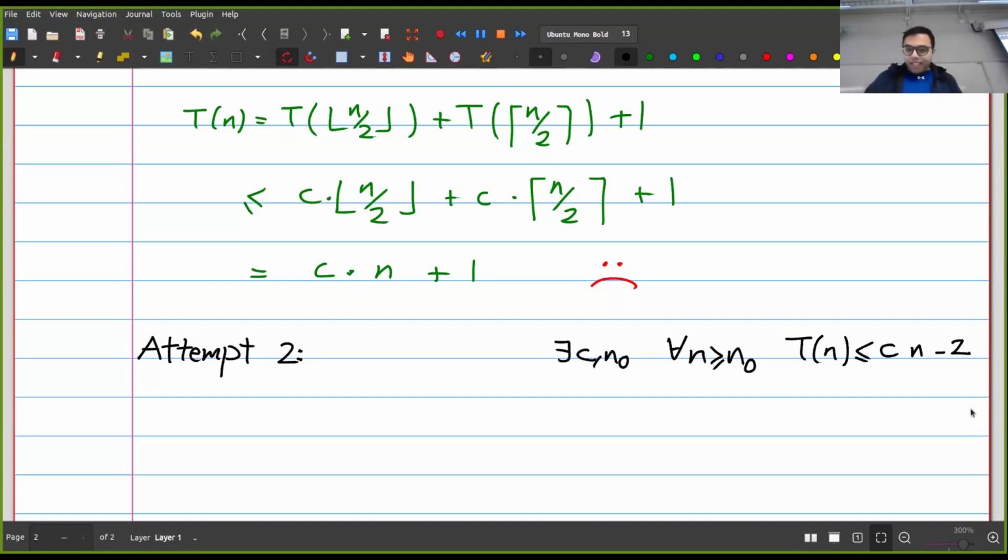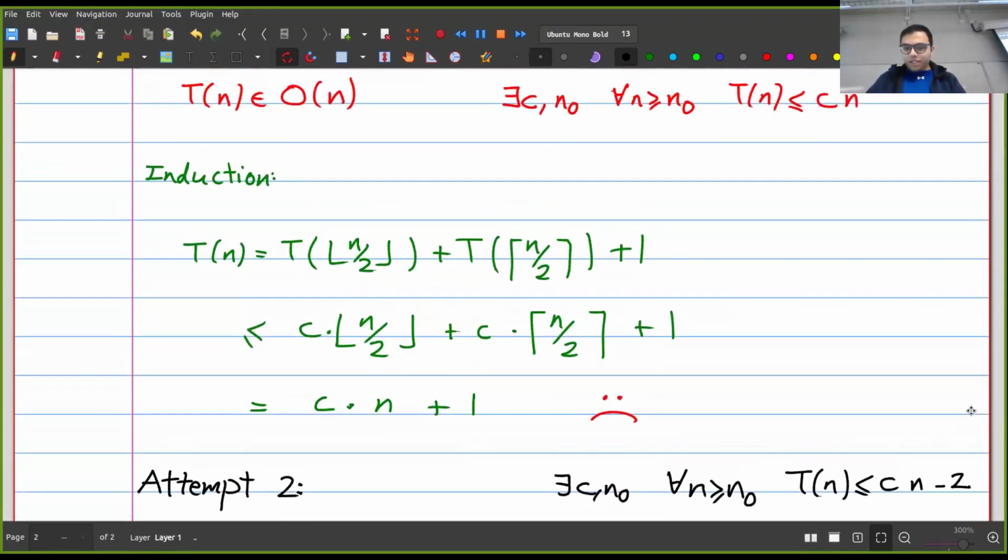Now, it seems like this one should be harder than the previous one because I'm kind of finding a better bound here. I have a minus 2. But it's actually easier to prove because when I'm doing the induction, I can assume something more. I can assume that this part, instead of being less than C times n over 2, it's less than C times n over 2 minus 2, right?